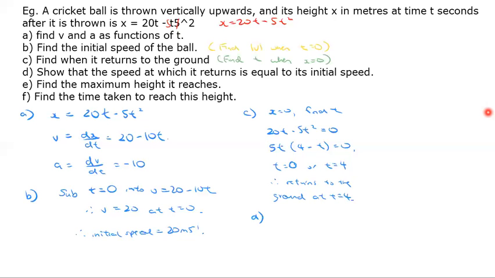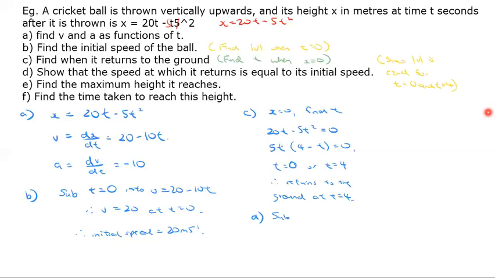Right. D, show that the speed at which it returns is equal to its initial speed. How will we do that? Well, something equals 20. So basically show that the speed is equal for both t equals 0 and t equals 4.